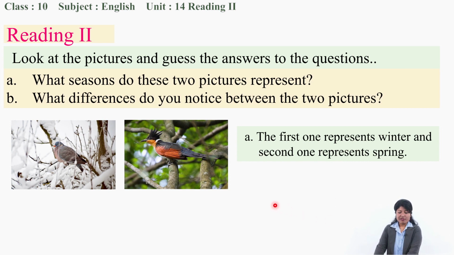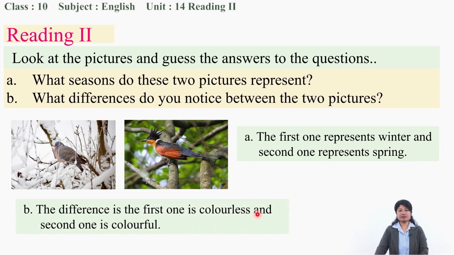Yes, the differences in those two pictures are, the first one is colorless, dull, right? And the second one is colorful and bright green, right? Greenery, the surrounding is green and the bird is also colorful.